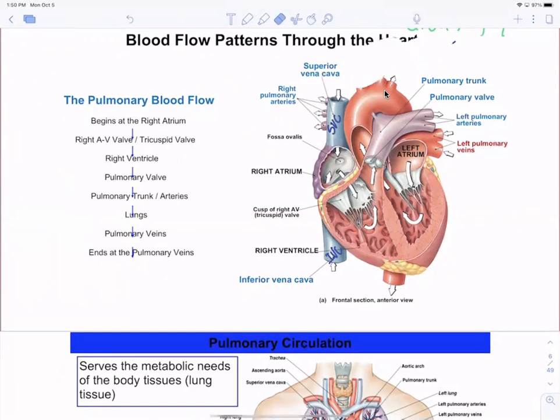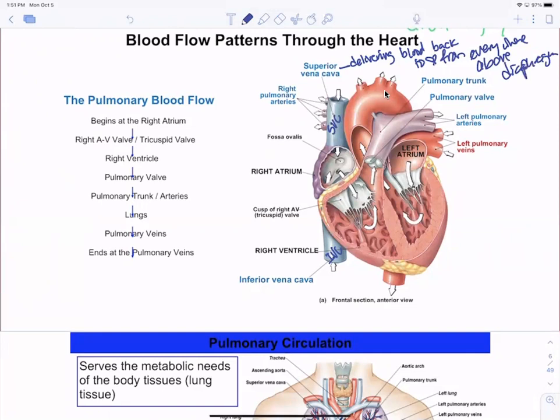Let me put it a different way. The superior vena cava is delivering blood back to the heart from everywhere above the diaphragm, for the most part.